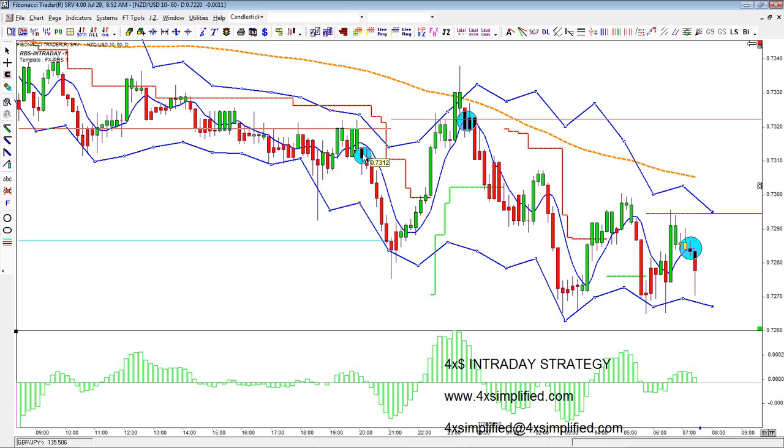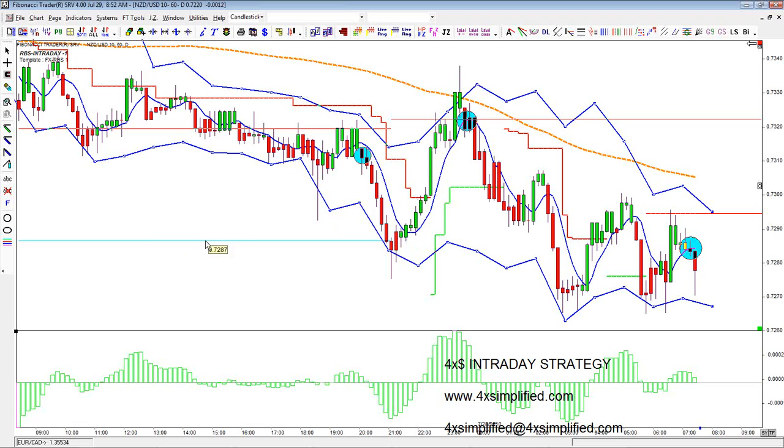Let's say we enter here, we place our stop initially above the candles. When price starts moving, the trailing stop will move as price is moving, and we can be stopped out in positive territory if price moves against us.